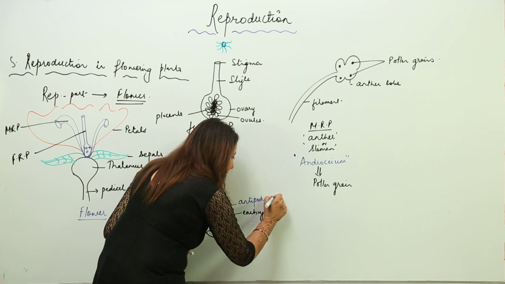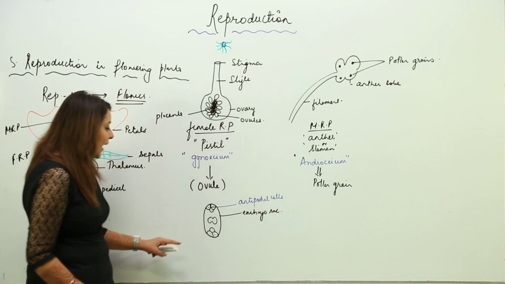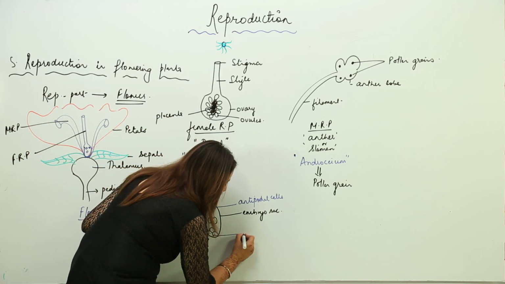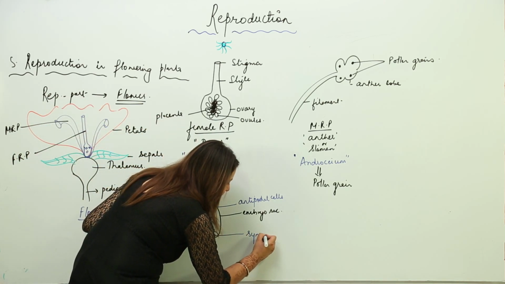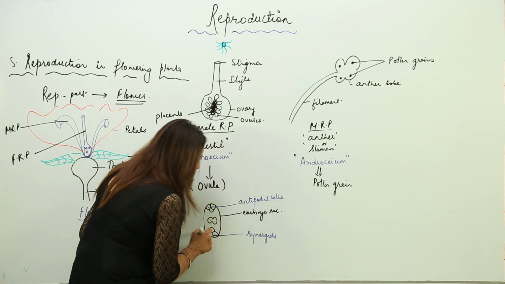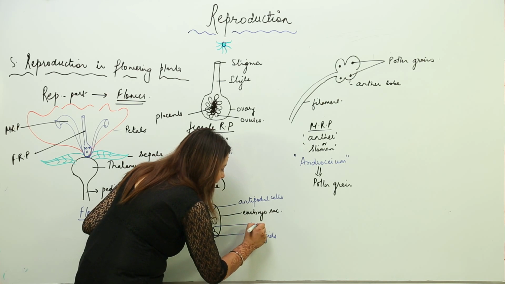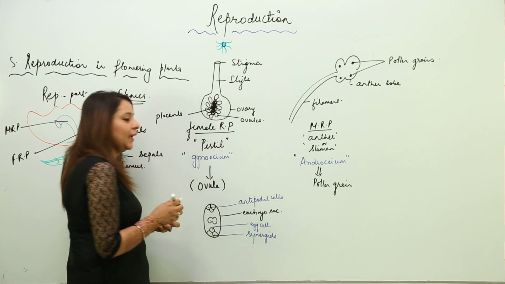The 2 cells present in this lower portion are referred to as synergids. And the one at the top is a special cell called the egg cell. This is the egg cell.